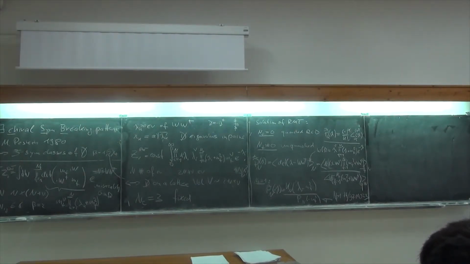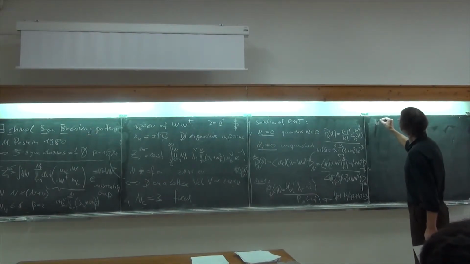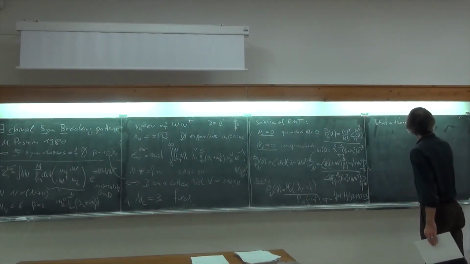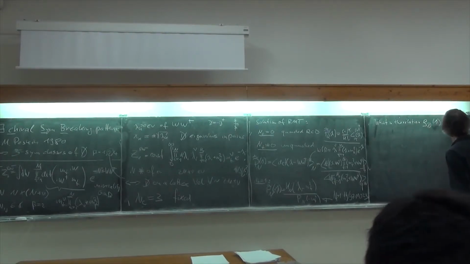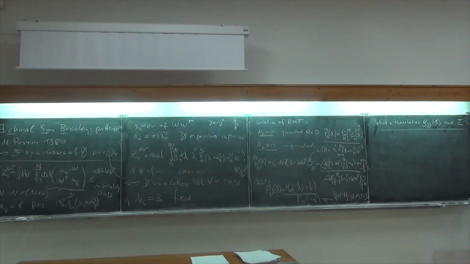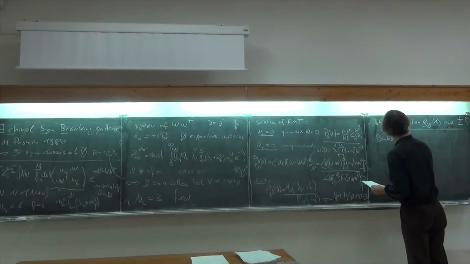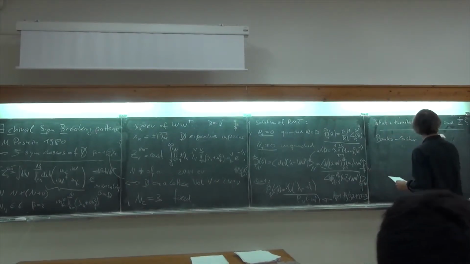So what is the relation between the density of Dirac operator eigenvalues and the condensate? The answer is the Banks-Casher relation.